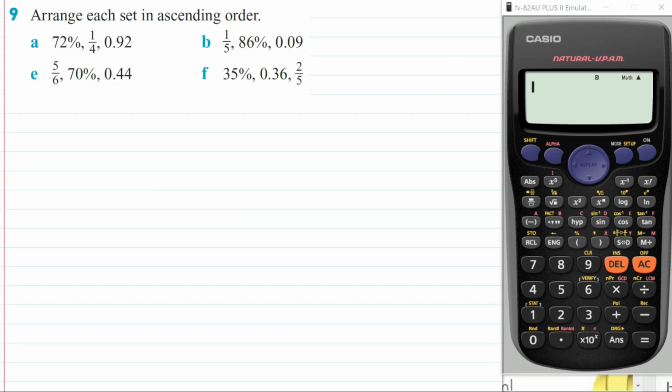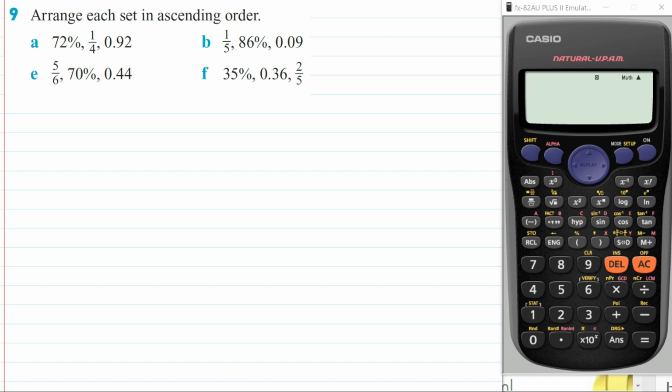Question 9 asks to arrange each set in ascending order. This means to arrange in increasing order. You might have a question that asks you to arrange in descending order. That will be to decrease in order, so going from largest to smallest. Now in this question, we're going to go from smallest to largest, but it is difficult when you look at numbers that are displayed in different forms.